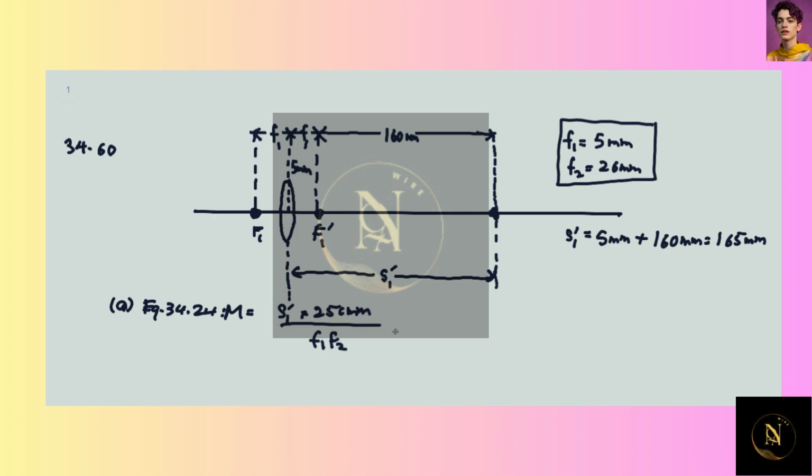So now we're equipped with everything. We have the image distance, and we have f1 and f2, so we can readily find the magnification.